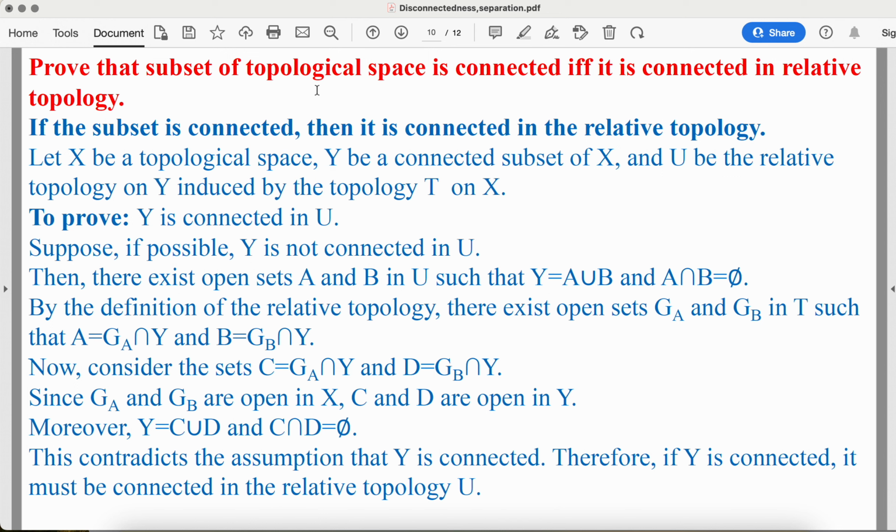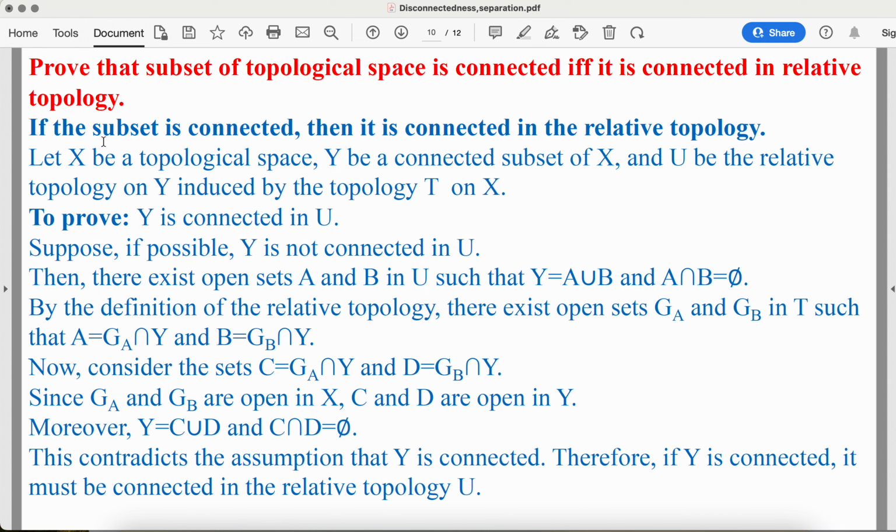One is, if a subset is connected, then it is connected in relative topology, and the other is, if a subset is connected in the relative topology, then it is a connected set. So the first one we prove: if the subset is connected, then it is connected in the relative topology.